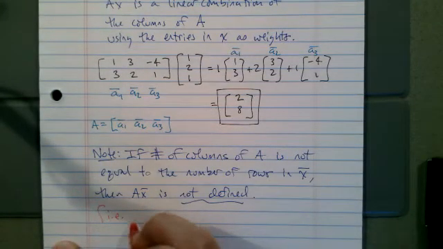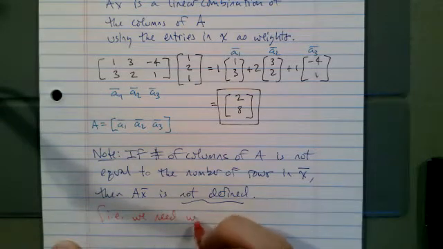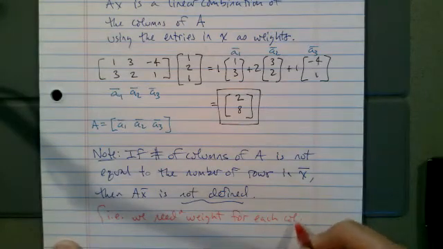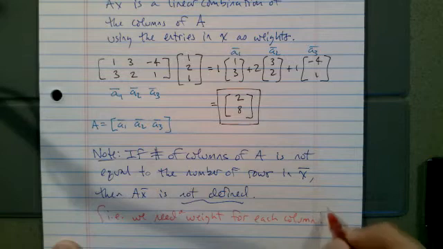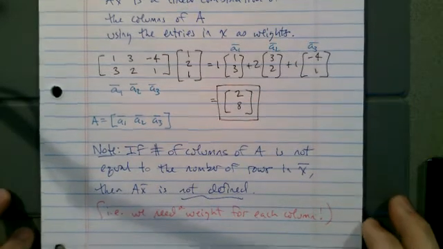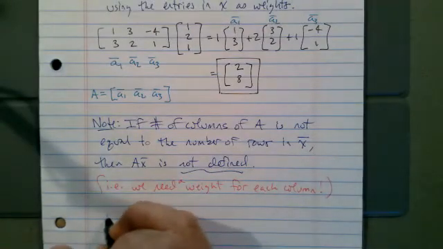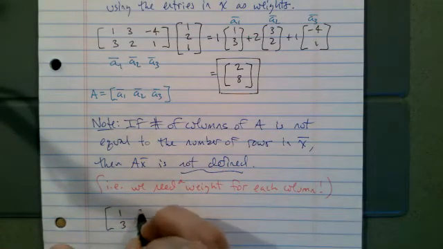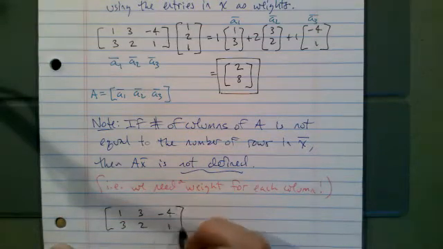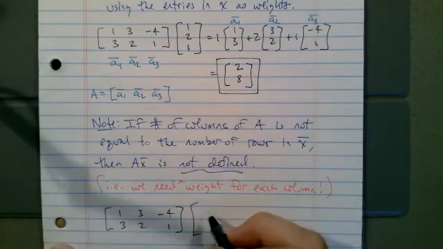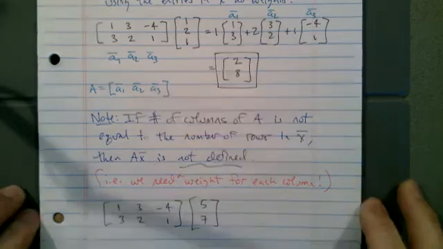That is, we need a weight for each column. So if I wanted to multiply this matrix A, 1, 3, 3, 2, negative 4, 1, by a vector with just 2 entries, like 5, 7, this product is not defined.